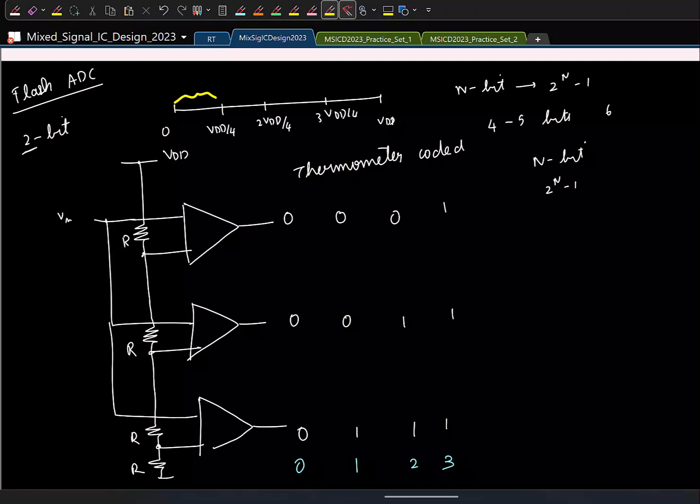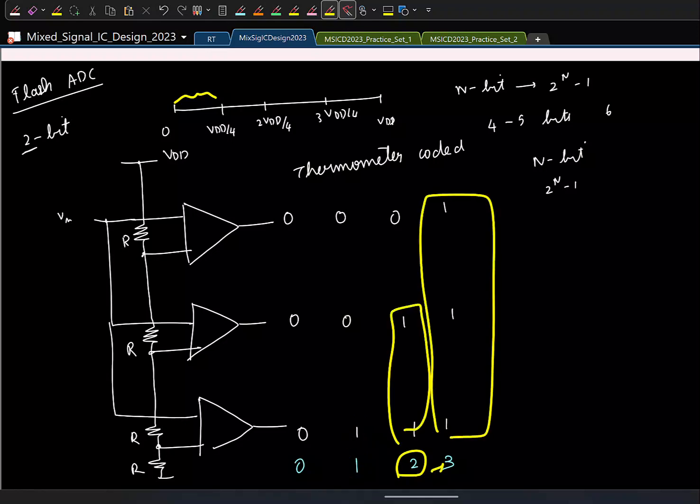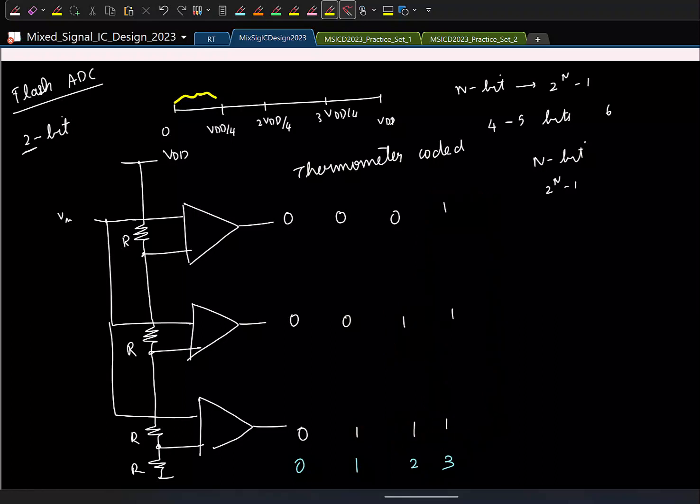You see here, right? This is 1 because we have only one 1. Here we have 2 because we have two 1s. We have 3 because we have three 1s. What is the operation in words? I'm basically counting the number of ones. Simplest way to count the number of ones is what? By adding up all the bits, right?